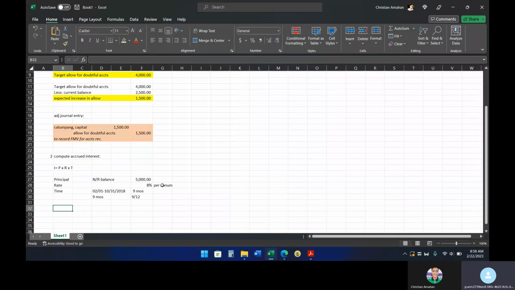So ang atong interest is equal to our principal is 50,000 pesos. Atong i-multiply sa atong interest rate nga 8%. Atong i-multiply by 9 over 12.